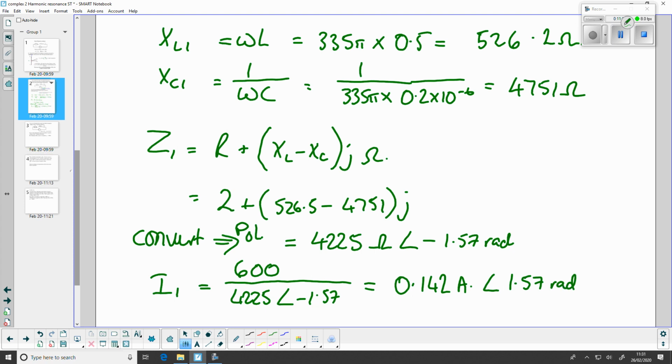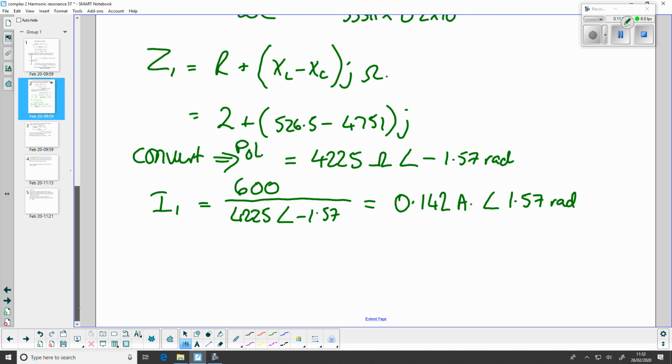We divide 4225 into 600, and we subtract minus 1.57 from 0, so it changes the sign. Peter, you're looking puzzled. Yeah?